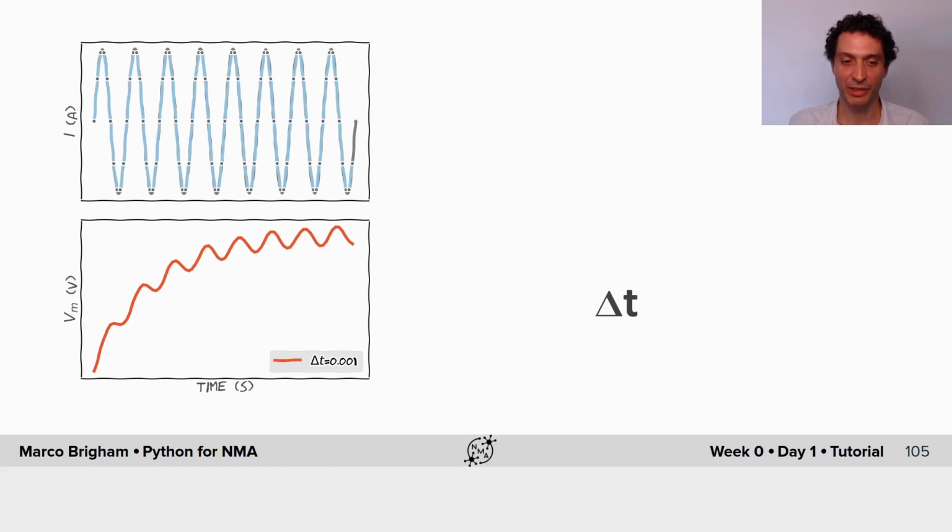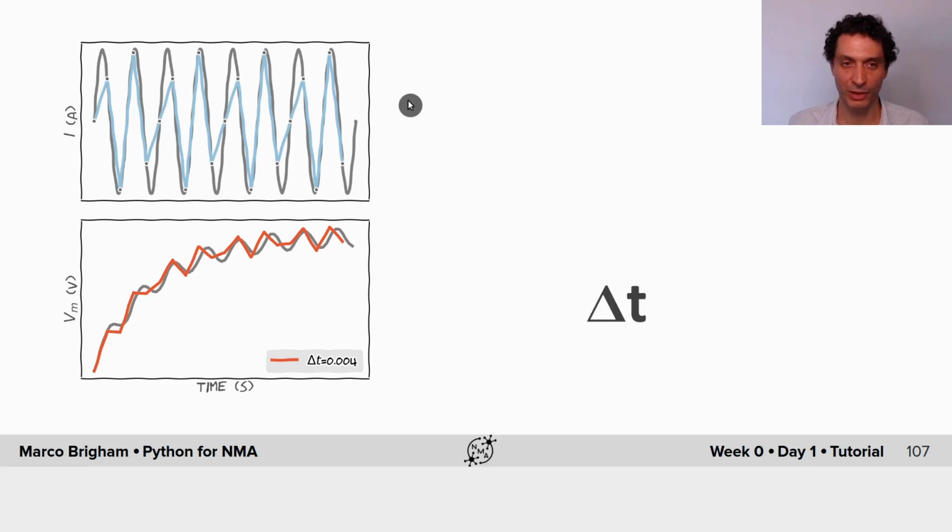So let's see what happens if we use larger values of delta t. So now we've doubled delta t, and we see some differences, but we double again, and now something interesting happens. So we start seeing that our synaptic input does not really look sinusoidal. So the blue trace here does not really look like the original continuous gray trace.